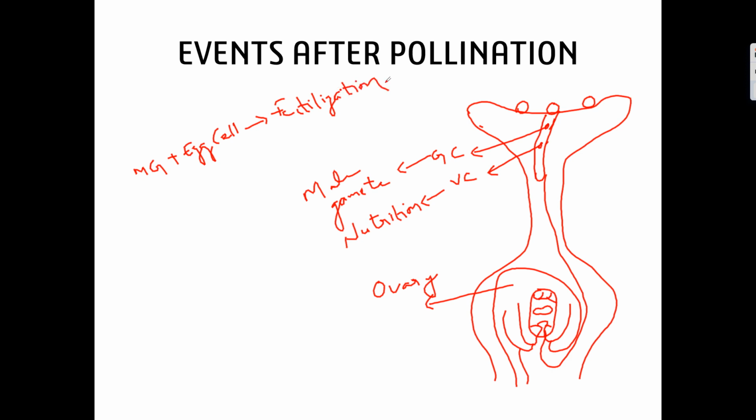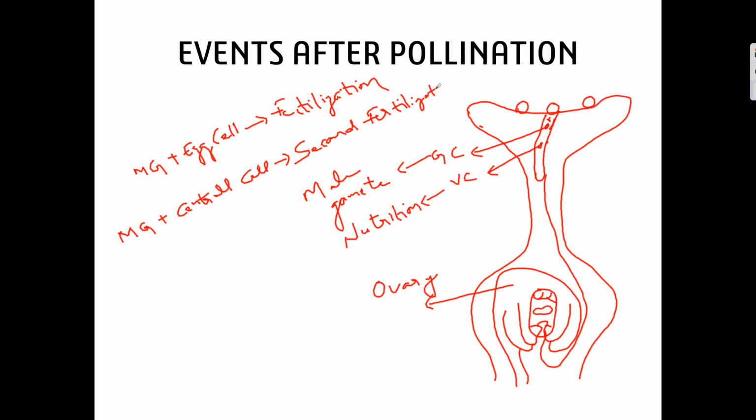In some special cases, there will be two generative cells. What happens to the second generative cell? It will go and fuse with the central cell. So the second male gamete plus the central cell. Here, fertilization is happening for the second time. Totally, how many fertilizations have happened here?